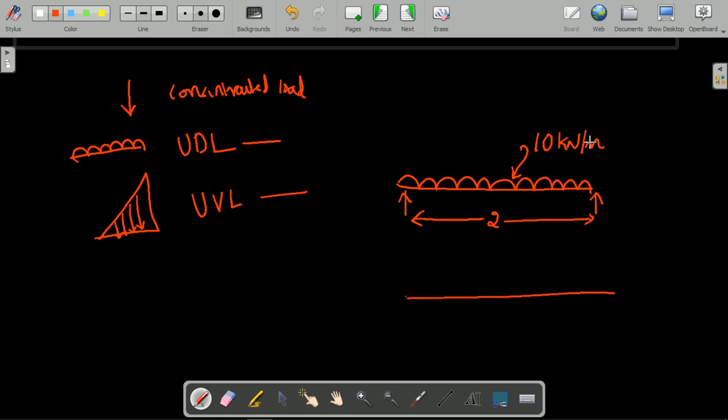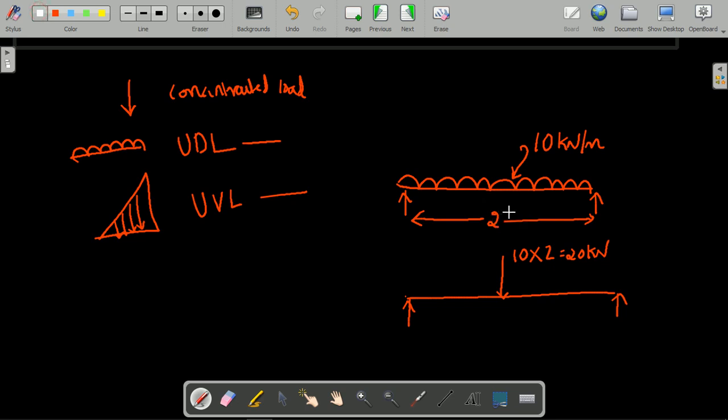So the converted point load is 10 into the span where it is acting, 2, that is 20 kilonewton. This then acts exactly at the center of the beam.